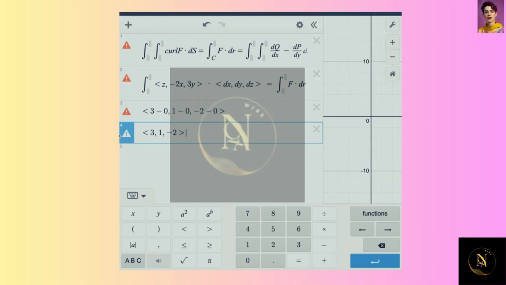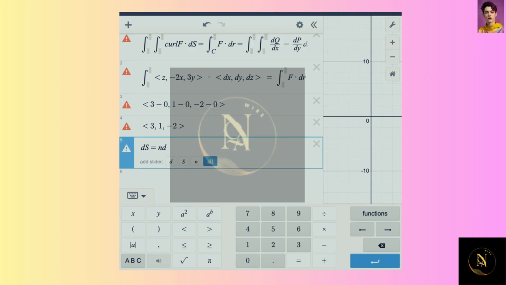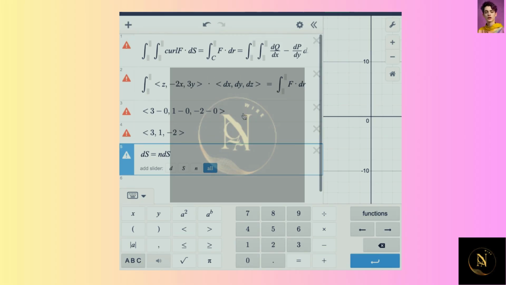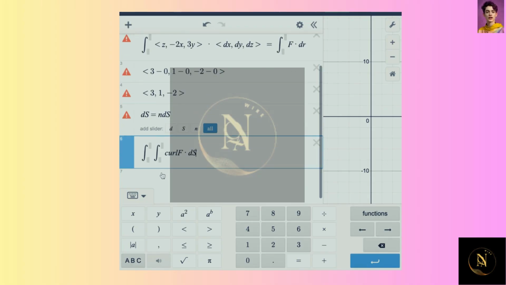So now that we have the curl of F, we want to also note that dS is equal to the normal vector times dS. So when we take this right here, it will ultimately be the same as this right there.